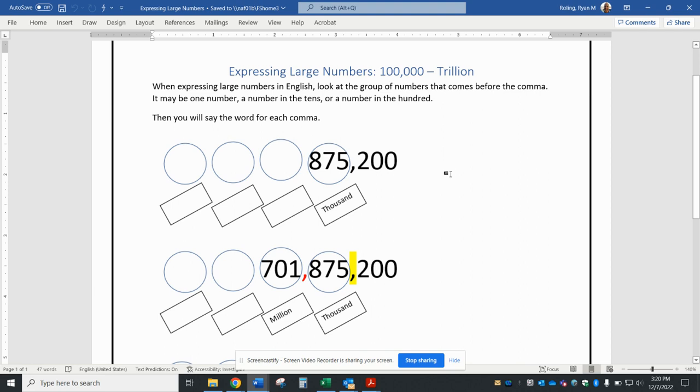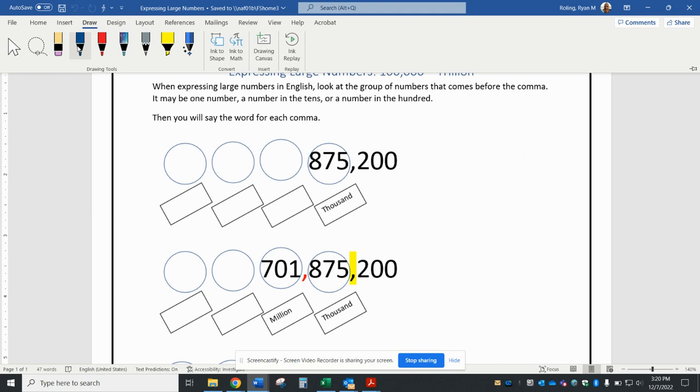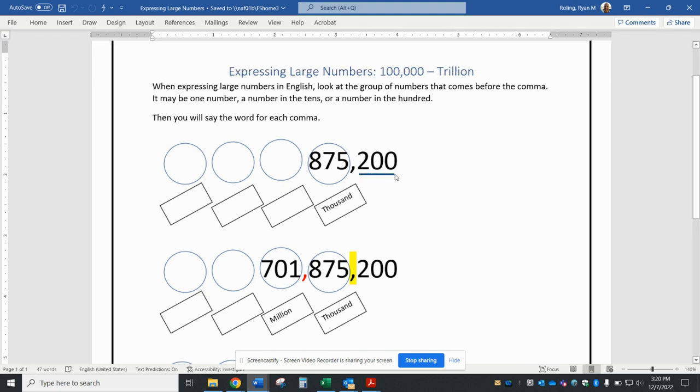So when we look at large numbers in English, we have to pay special attention to the commas. The commas will always help us express the number correctly. The other thing that we want to do is look at numbers in groups of 3, if possible. And so here we have 3 numbers together, and this number is 200.